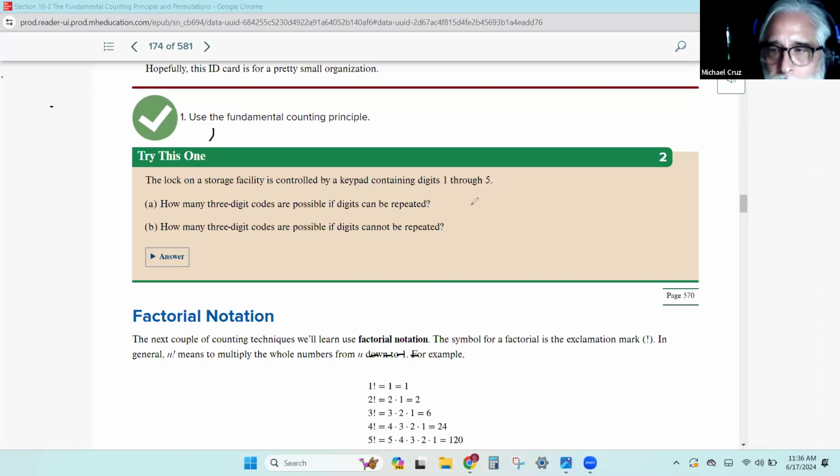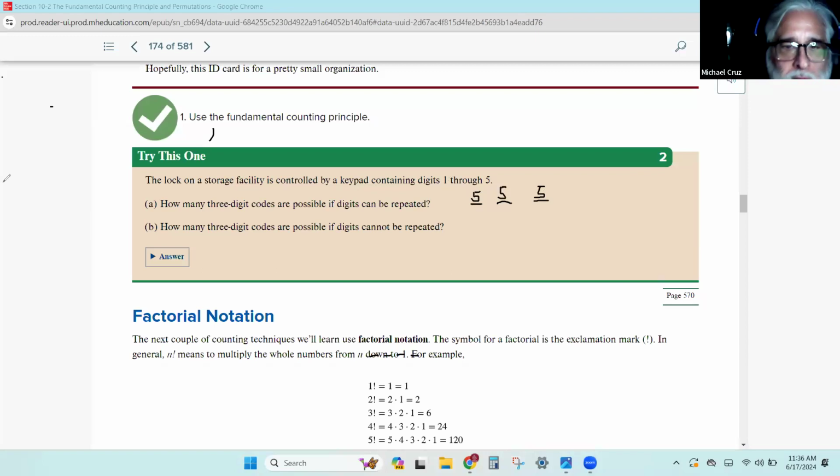So we're doing a 3-digit code. They can be repeated. So 1 through 5 are possible here, here, and here.